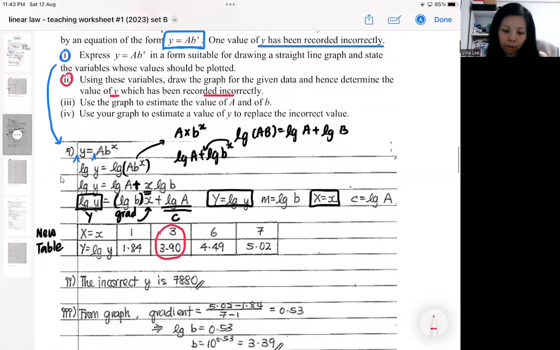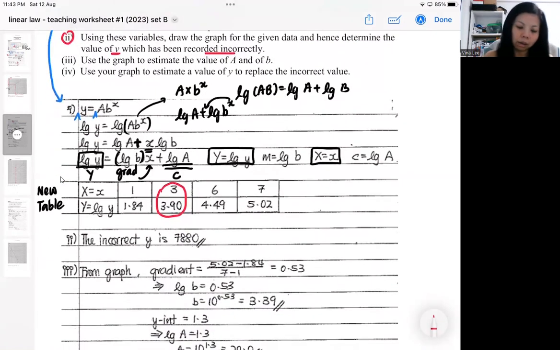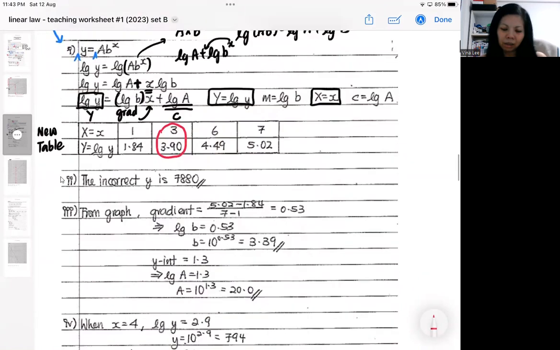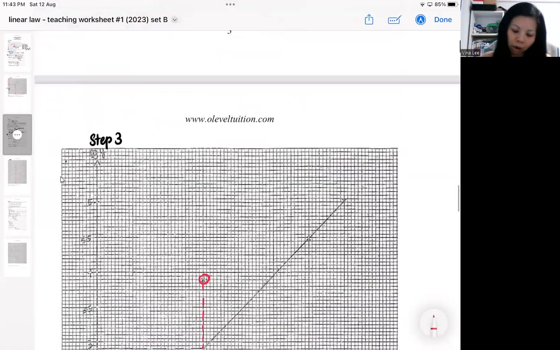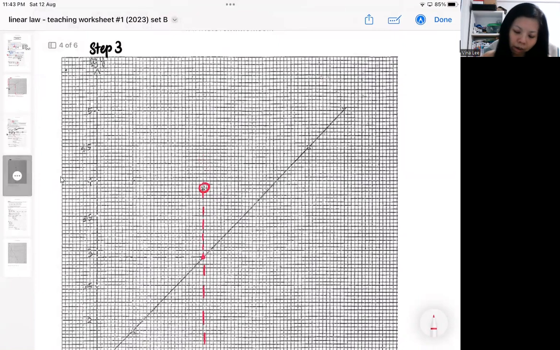Then later on you're asked to get the correct value. So I will skip part 3 first and go to part 4 first. If I know that this is the wrong value, the correct one should be lying on the graph. So you should read over. When you read over, this is the value for LGY.